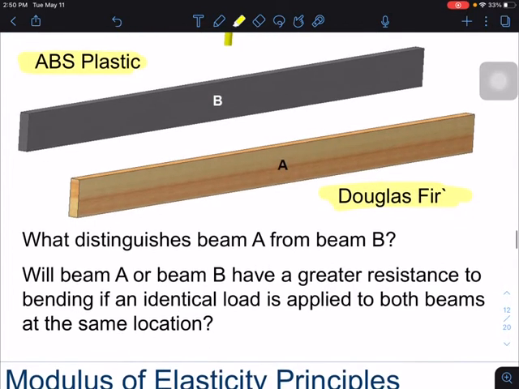So what distinguishes them is what they're made of. Okay, and because they're made of different materials, they're going to have a different modulus of elasticity number. And those numbers are already calculated. There are charts that contain the modulus of elasticity for both of them, or they would be given to you in a problem. Okay?